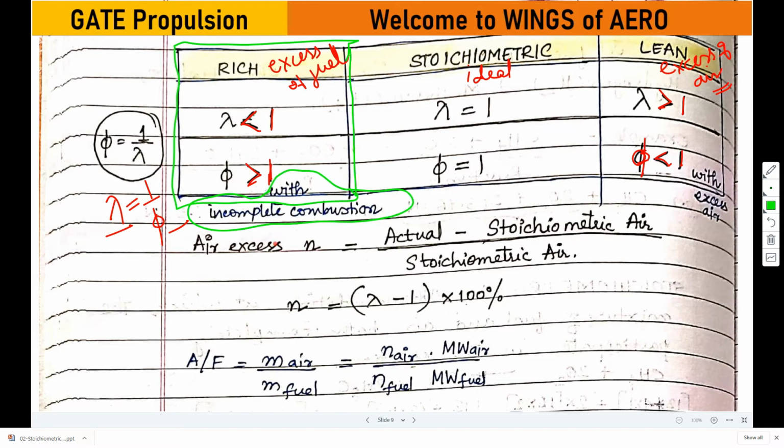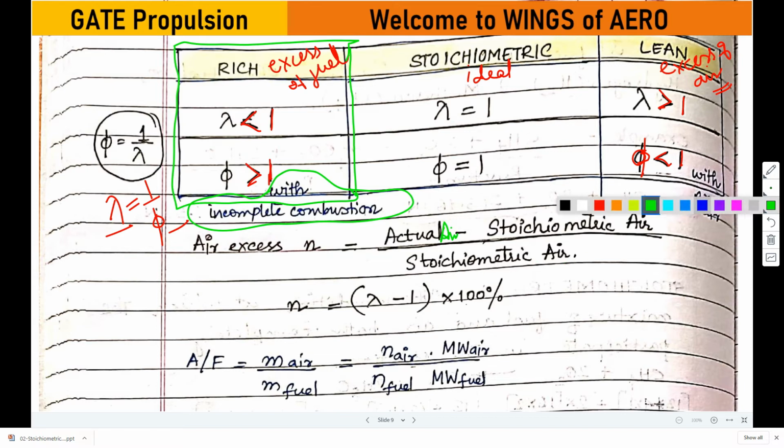Now there are some numerical forms for how to find the amount of excess air and the ideal air to fuel ratios. This is a formula. I request all of you to note it down because we will do some problems based on it. Air excess, N, equals actual air minus stoichiometric air, divided by the stoichiometric air.